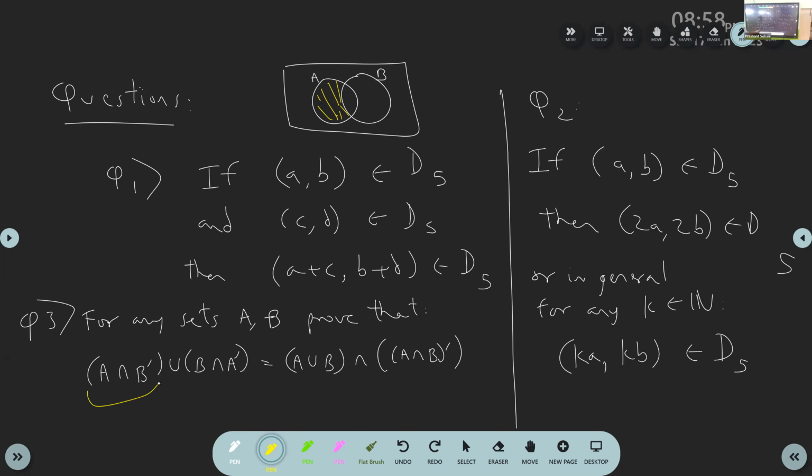And similarly, what about the second bracket? B intersection A dash. All the elements belonging in B but not in A. So which part is that? This, right. So remember that union is all the elements which are in A or B. Correct? So what is this yellow set?